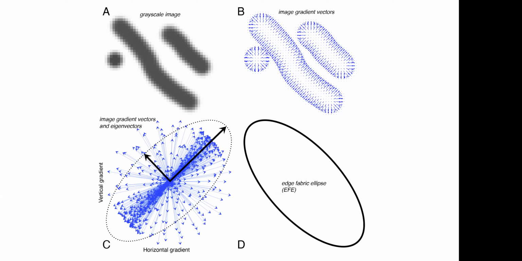And so those two vectors define an ellipse, and since we want the direction parallel to the edges, not perpendicular to them, we simply rotate that ellipse 90 degrees. And that's the ellipse we're reporting, and that ellipse should correlate pretty well with the strain in a simple system.